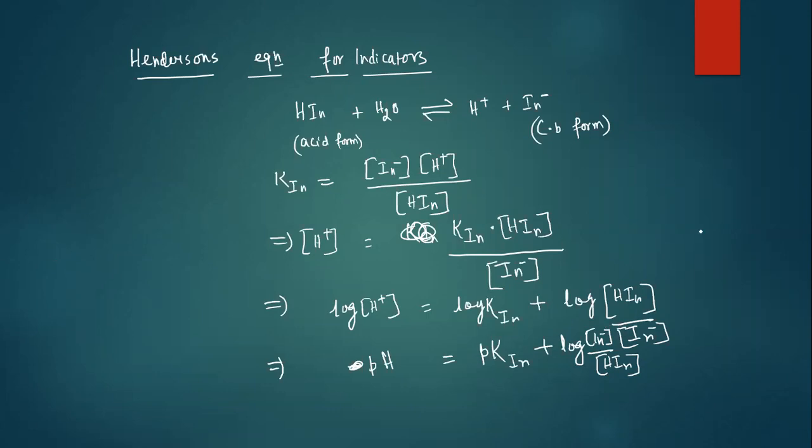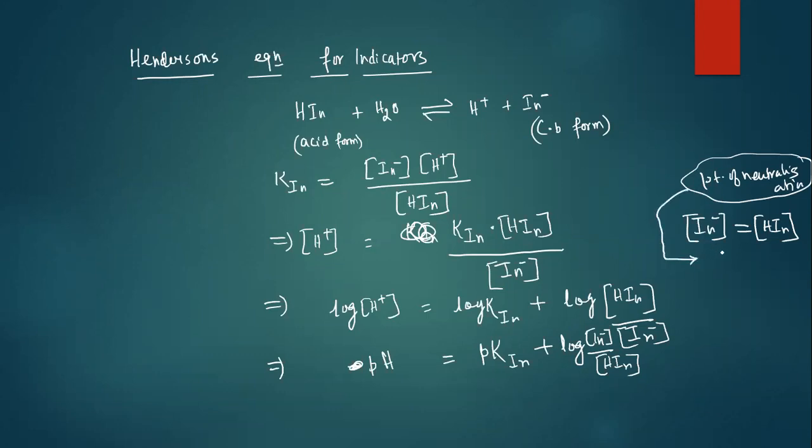So at equivalence point, means at the point where it is reaching equivalence, definitely In-, that is the base form, will be equal to HIn. Base form will be equal to acid form at the point of neutralization. This point is called equivalence point.